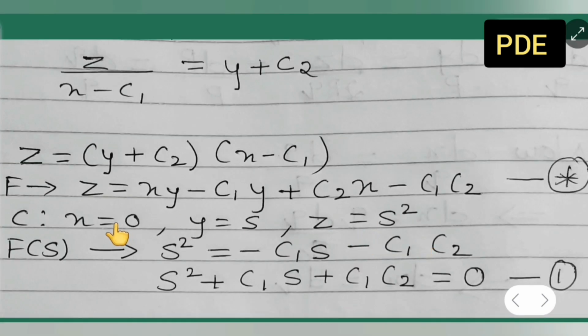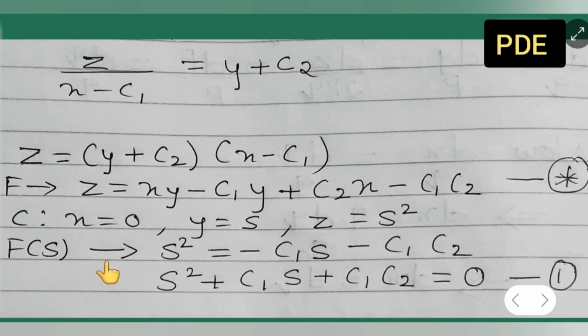So x is equal to 0 and y square is equal to z, right? So what I have done over here, let me explain you all this part. I have taken y is equal to s, okay. So z is equal to what it was, y square. So in place of y square I will be writing s square because I have taken y to be s, okay. So I hope this part concept is clear to you all.